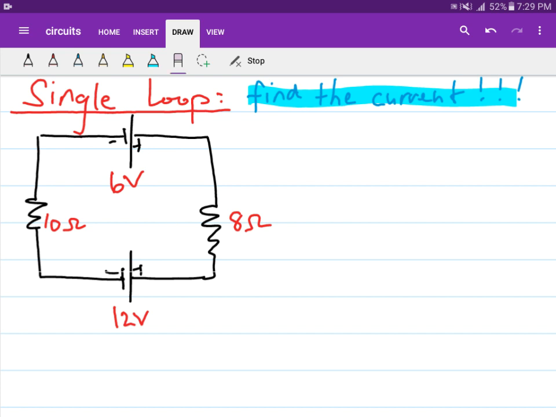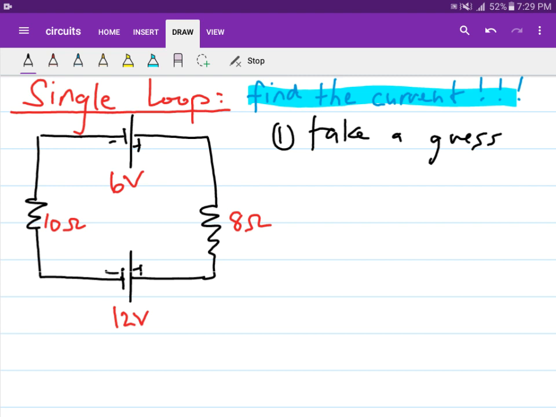So hence we will take a guess on the direction of the current first, and if we solve a value of positive I, we are correct in the direction, and if we solve a value for negative I or negative current, our initial guess is opposite of that direction.